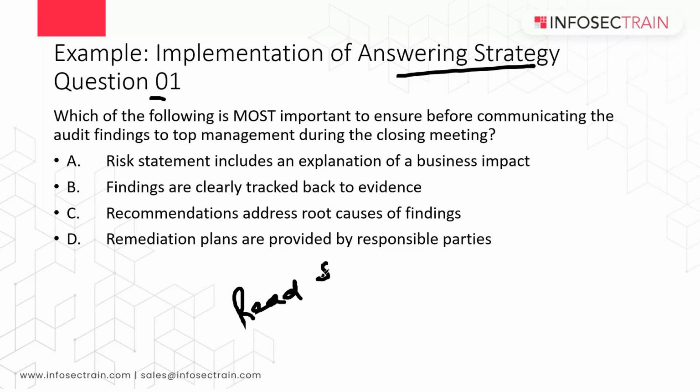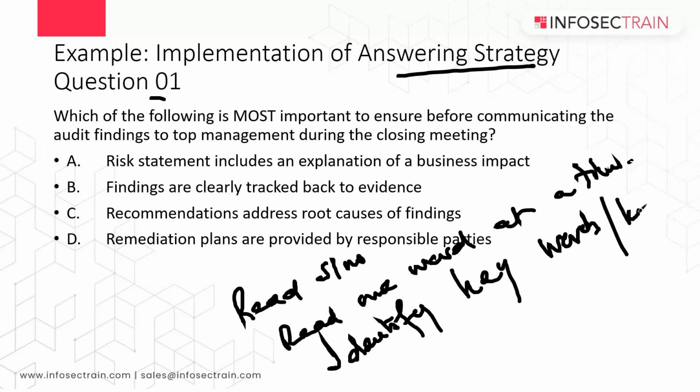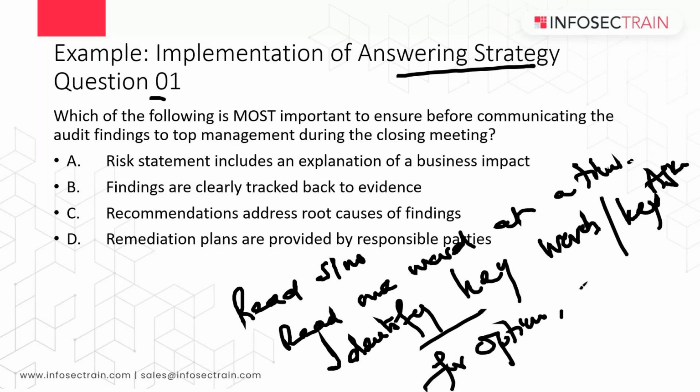Read slow, read one word at a time, identify keywords, key ask, and follow the same for options one by one. Take a decision on A, then only move to B. Take a decision on B, then only move to C. Take a decision on C, then only move to D. Now, in the exam, we get less than 2 minutes.